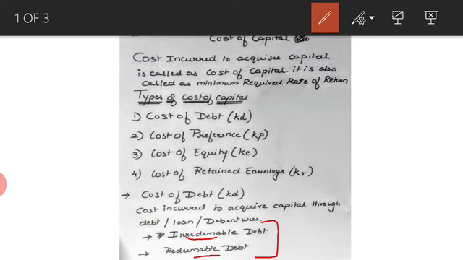Now, what is irredeemable and redeemable? Irredeemable debts are the debts which cannot be cancelled or which do not have a maturity period. I'll repeat: irredeemable debts are the debts which cannot be cancelled, or which do not have a maturity. Whereas redeemable debts are debts which can be cancelled after a particular period of time, or they have something called a maturity period.